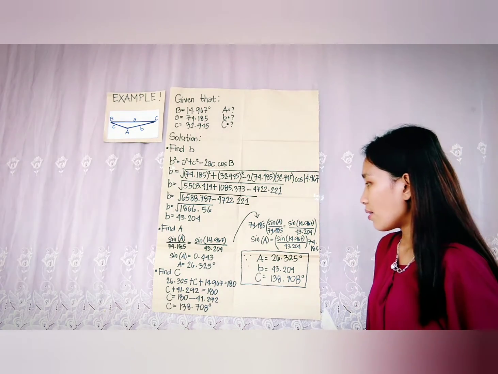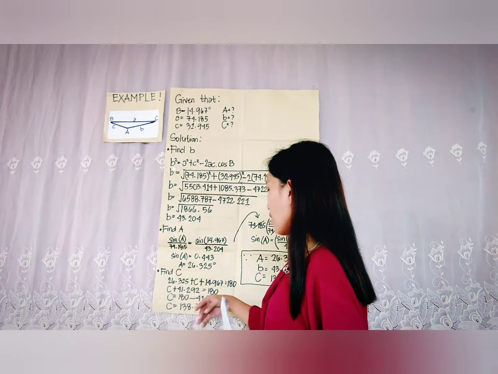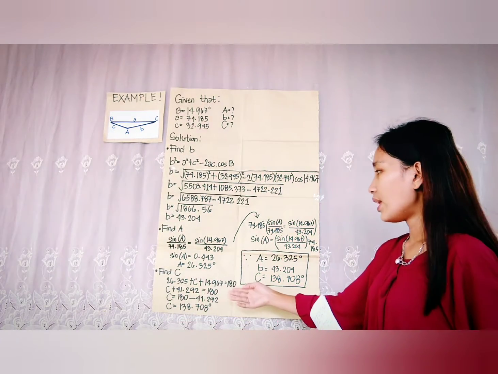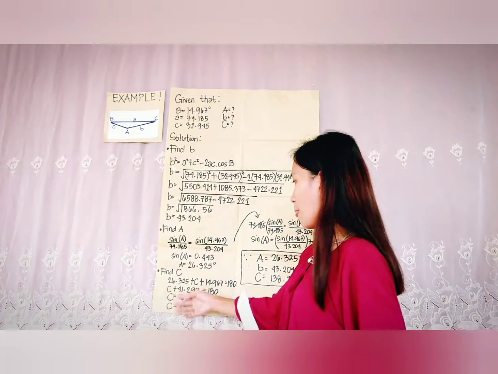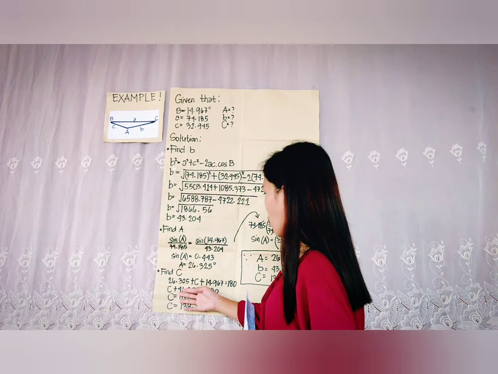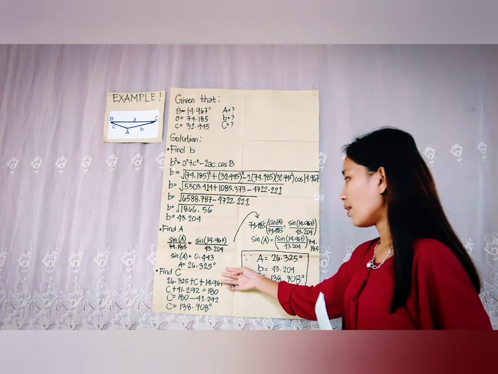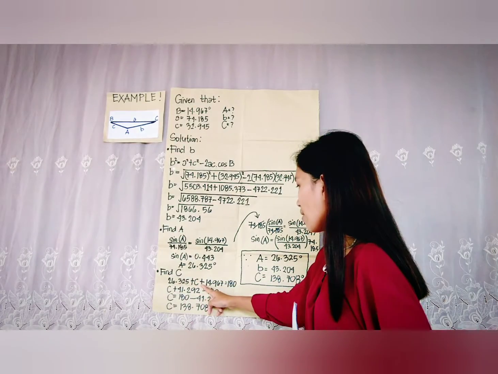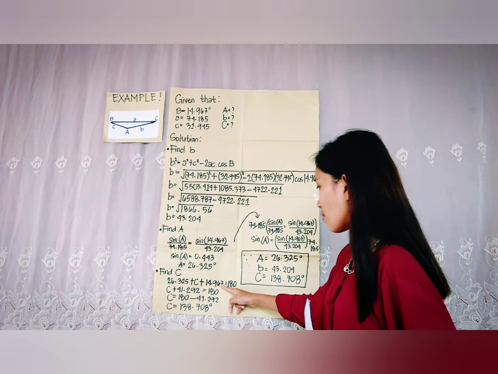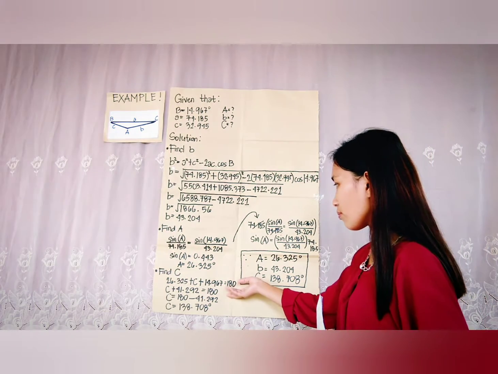Now, since the sum of the angles of a triangle is equal to 180 degrees, then in finding C, we simply substitute angle A and angle B to find the angle C. So, angle A, 26.325 degrees, plus C plus 14.967 degrees is equal to 180.